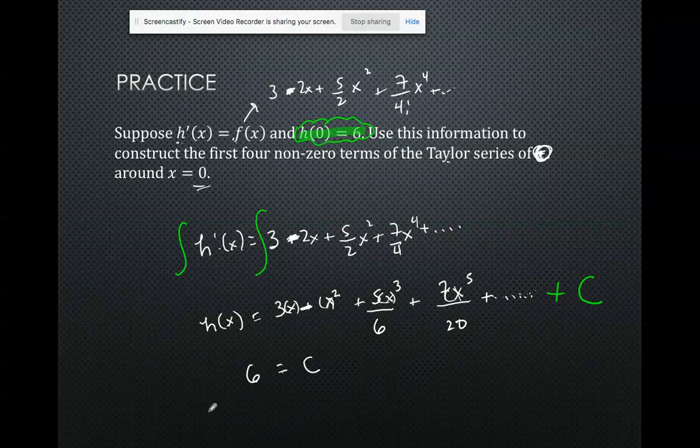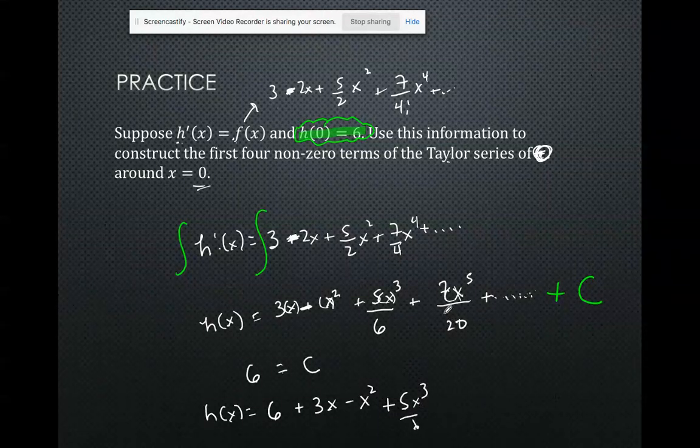C is a constant. Therefore, h of x, now you're not going to want to write that 6 way over here. Write it first. 6 plus 3x minus x squared plus 5x cubed over 6. You can go ahead and write another term, but you don't have to. They only asked for the first 4. With my constant, I don't actually need that one.